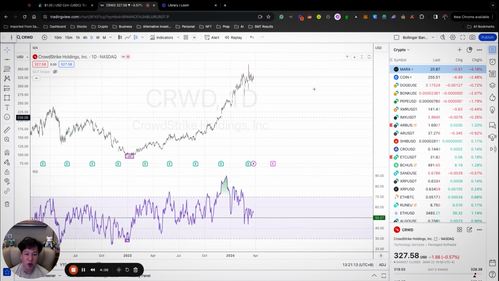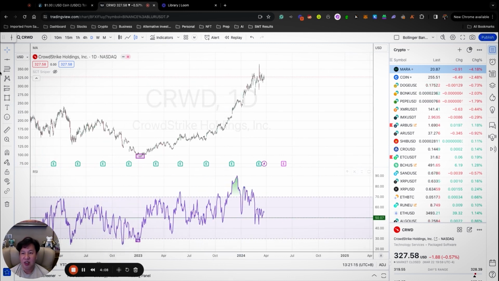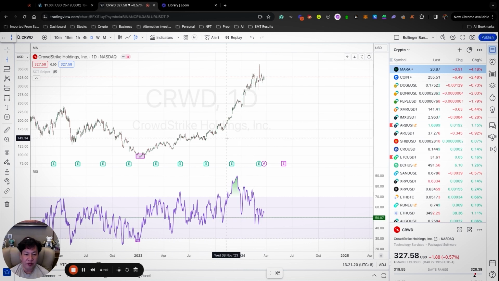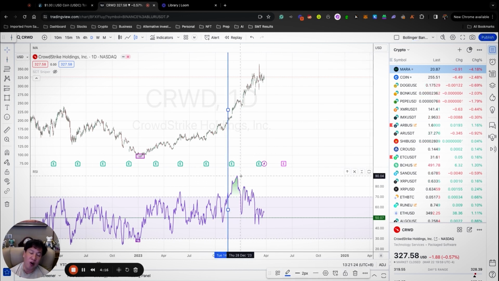But when the market is trending, for example from here onwards, it can remain overbought for a long time. If you assume that once it's overbought you want to sell, then you'll be caught on the wrong side of the trend. From here to here, it can remain overbought for a long time.